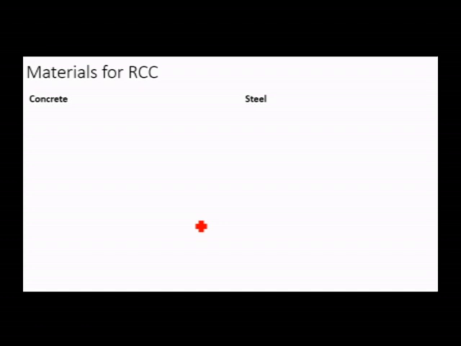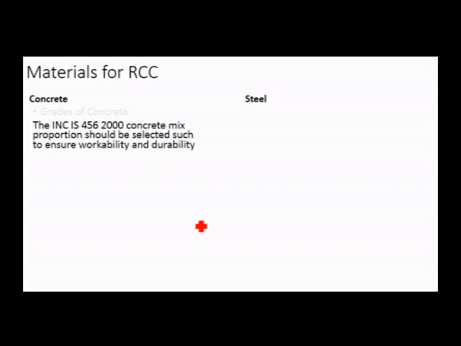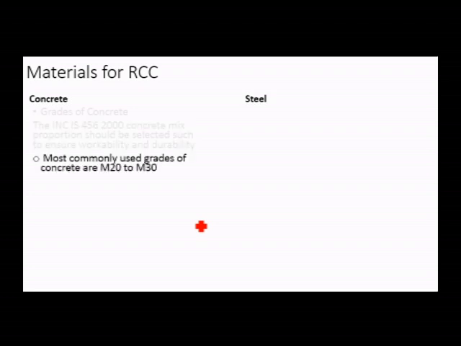And when we come to materials for RCC, there are different grades of material, in respect to the Indian Standard IS 456 2000. The concrete mix proportion should be selected to ensure workability and durability.